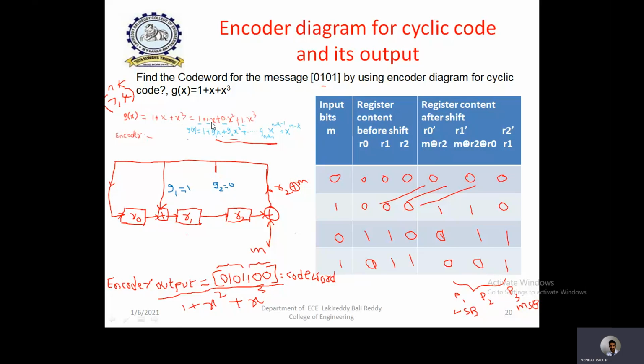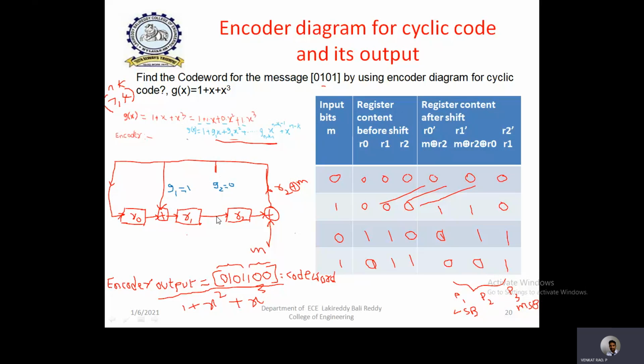So 1 plus x into 1, that is g1 is equal to 1. Then 0 into x square, so g2 is equal to 0, plus x cube, that is the last term. So we know that g1 is equal to 1 and g2 is equal to 0. These are the feedback connections from this output, and the number of feedback connections depends on the number of coefficients. Since we have 2 coefficients, there should be 2 feedback connections. If any coefficient value is 0, there should be an open circuit.